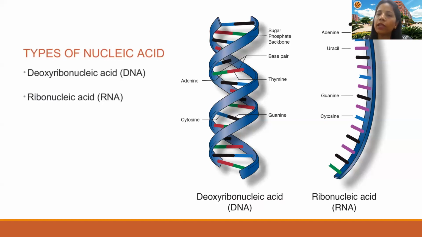If it has thymine, the nucleotide is thymine. And if it has guanine, the nucleotide is guanine. The only difference between ribonucleic acid and deoxyribonucleic acid, that is RNA and DNA, is the presence of uracil instead of thymine. You can see in the diagram also, instead of thymine, we have uracil in RNA.